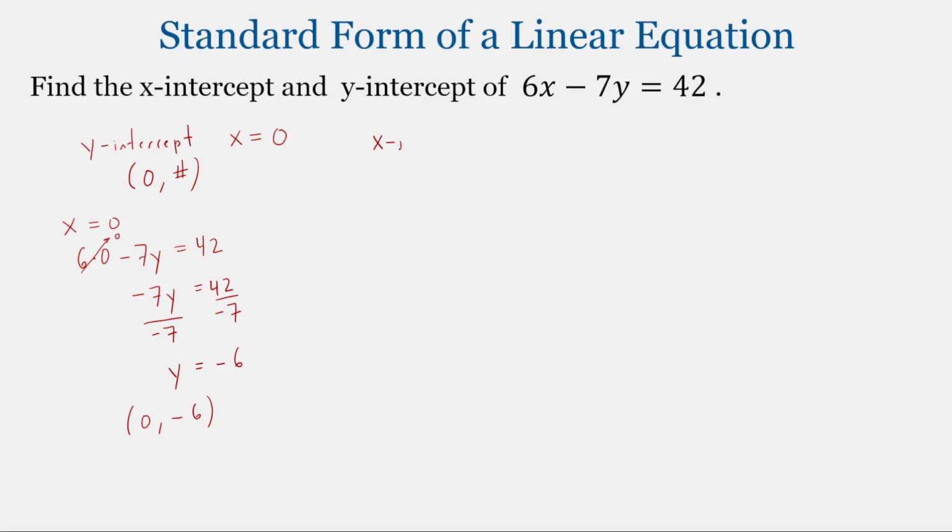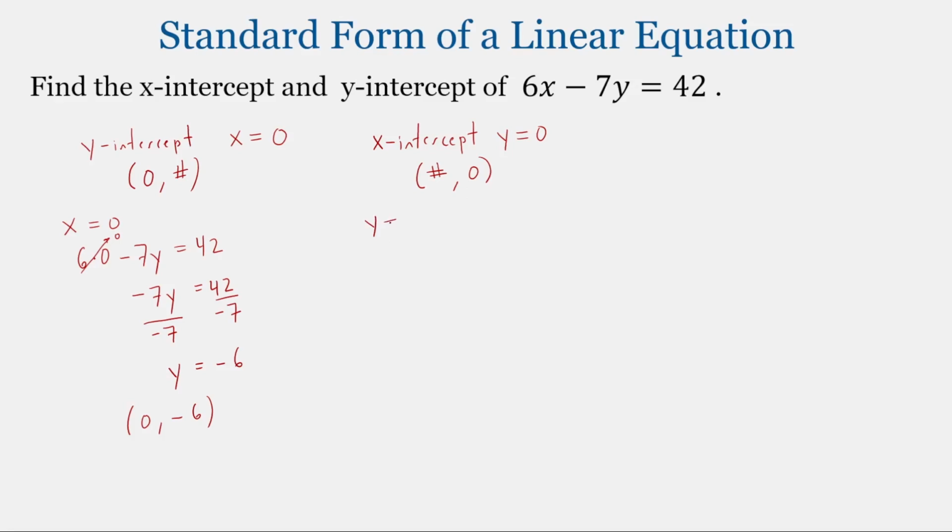Now with the x-intercept, this is where it crosses that x-axis, so it's not going up or down. And so our y-coordinate value will be 0. So the ordered pair is going to be some number where it crosses the x-axis, and then the y-coordinate will be 0.